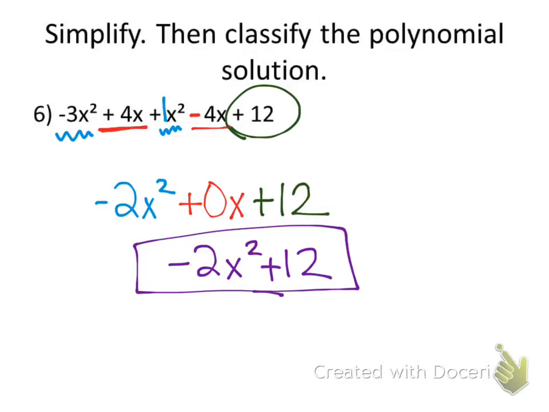So I've done half of the problem. I simplified it. How am I going to classify it? What would I call this? A binomial. There are two terms. Negative 2x squared is a term. 12 is a term. So this is a binomial.